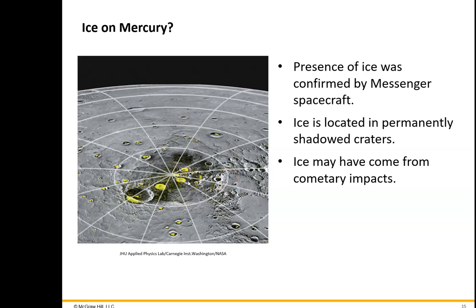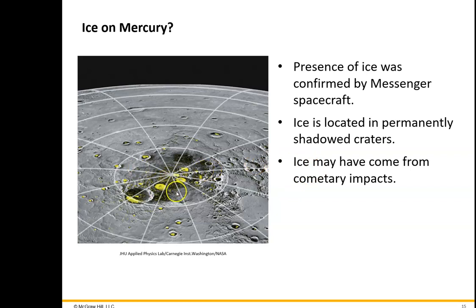And Mercury is not tilted the way our Earth is tilted. It's almost directly up and down, perpendicular to the sun. So these don't ever get sunlight, and so there's actually frozen ice in the shadows of these large craters. Again, that was a big surprise.